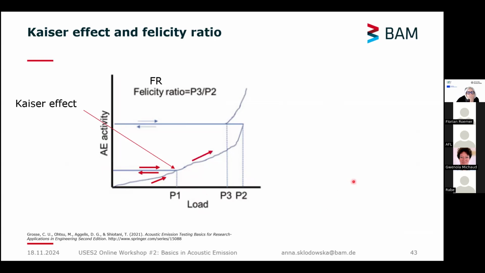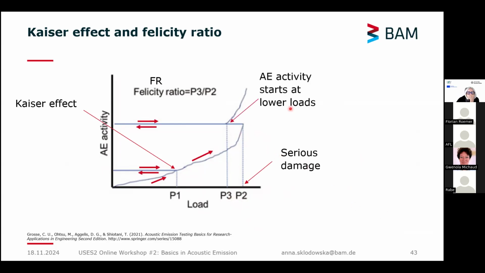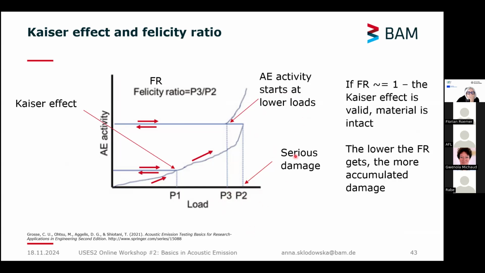But if we go further and increase the load, reaching a moderate to serious damage level, for example P2 in this case, then in case of unloading and reloading again, we see that the acoustic emission starts at loads that are lower than the previous maximum one. This is the so-called felicity ratio.